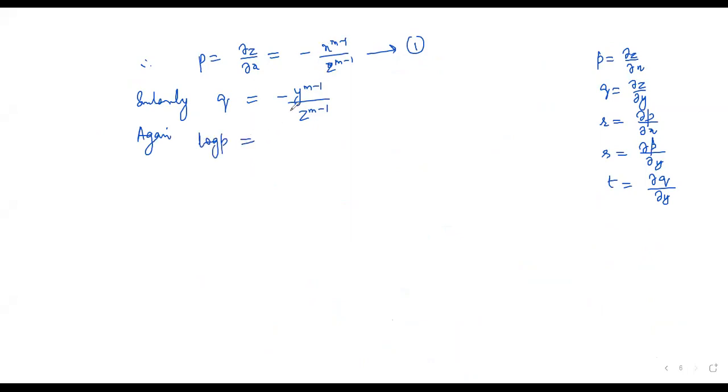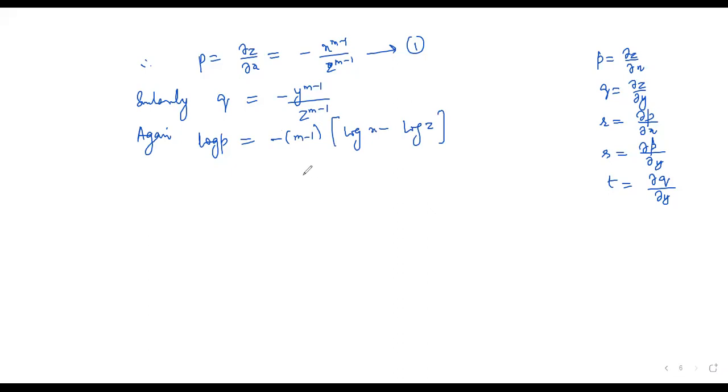wherever this is positive, right? If we take log on this, it becomes minus (m minus 1) into log of x minus log of z.